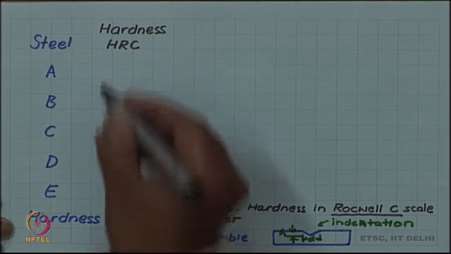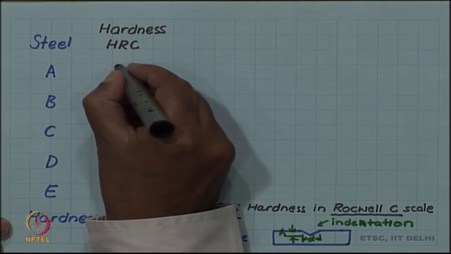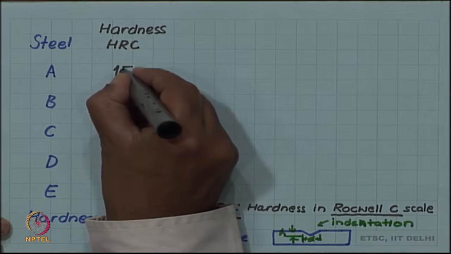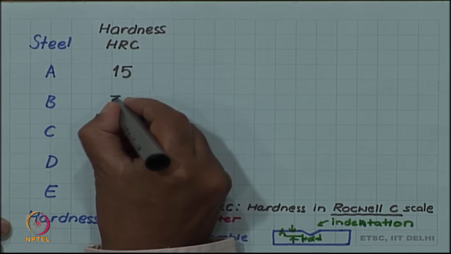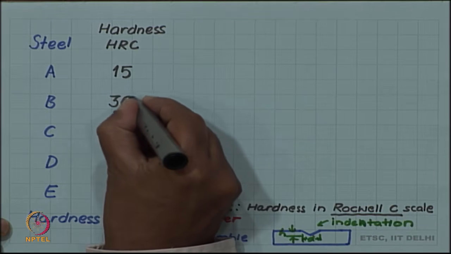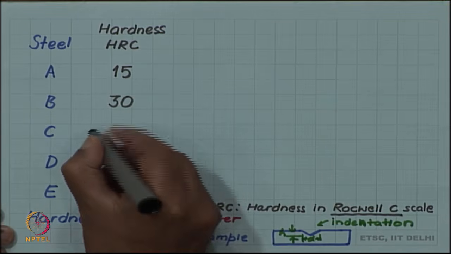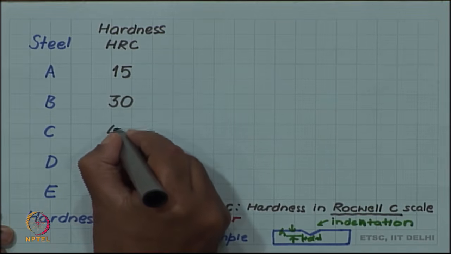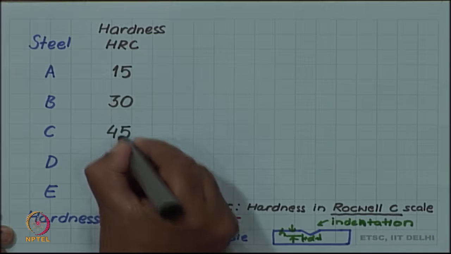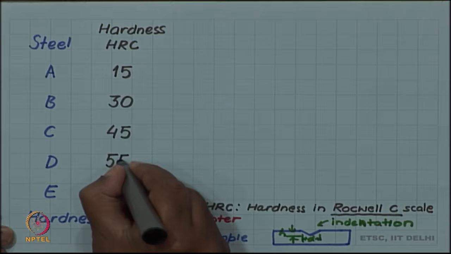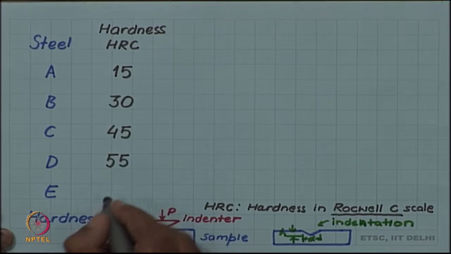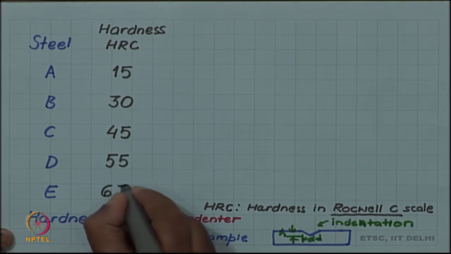Now, if we do that, we find that A has a Rockwell hardness of 15, B has 30, C 45, D 55, and E 65.